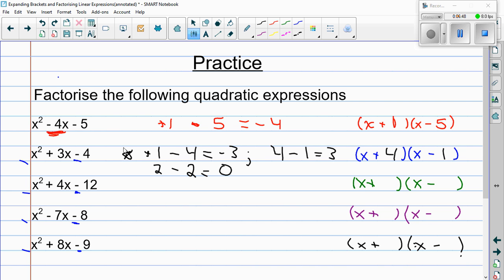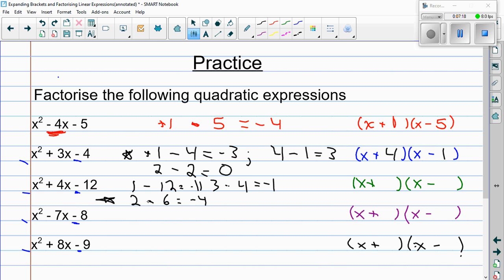Well, what are the numbers to make 12? We have 1 and 12, 2 and 6, 3 and 4, right? So let's subtract them. So we get -11, we get -4, and here we get -1. Well, there's our 4 with this row, but that's 2 minus 6, and that got us -4.